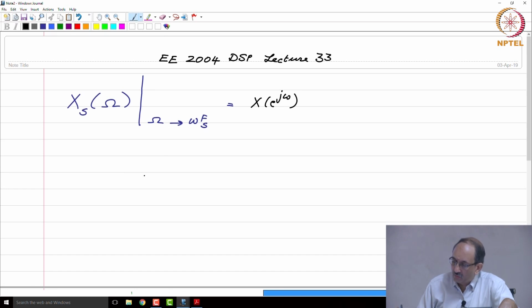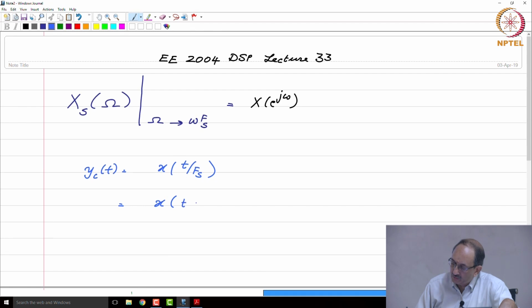Remember, if you are going to scale the frequency axis by fs, in the time domain you will inversely scale. If fs is the scale factor in the frequency domain, 1 over fs will be the scale factor in the time domain.